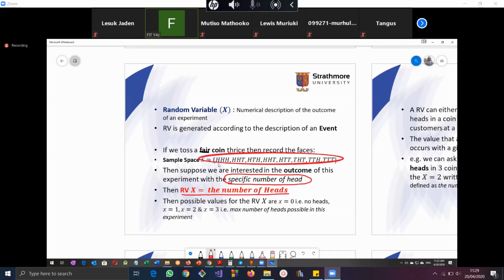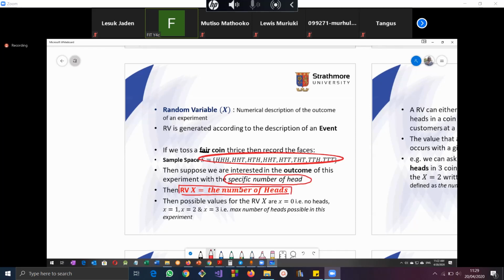So it actually means this random variable, we toss the coin 3 times, we can either get 3 heads or 2 heads and so on and so forth. But the moment you define your random variable, you are going to have a limit.